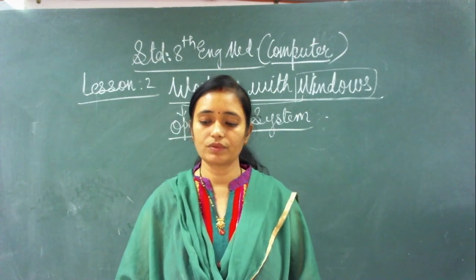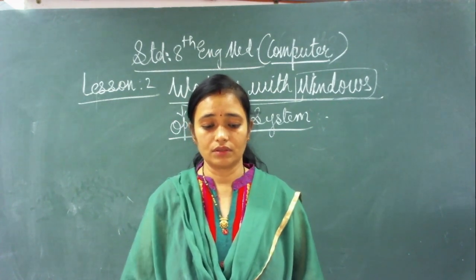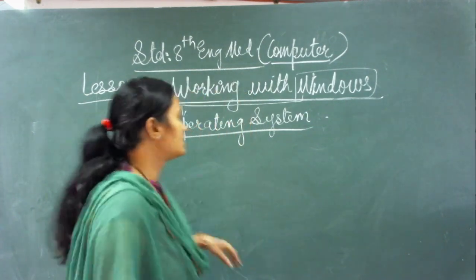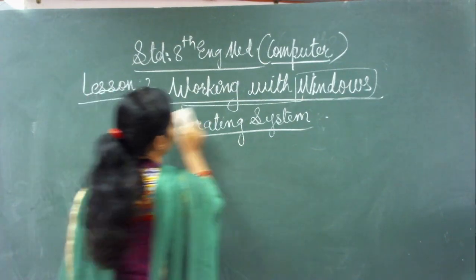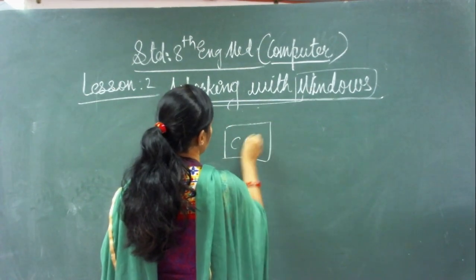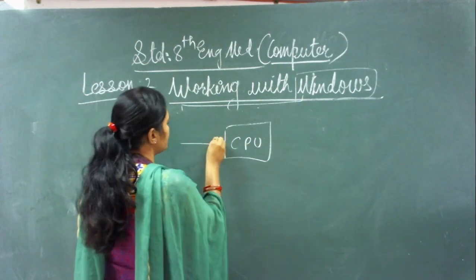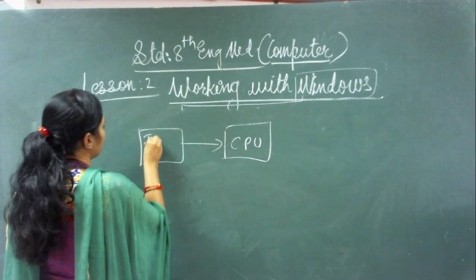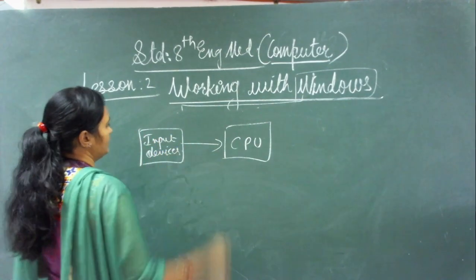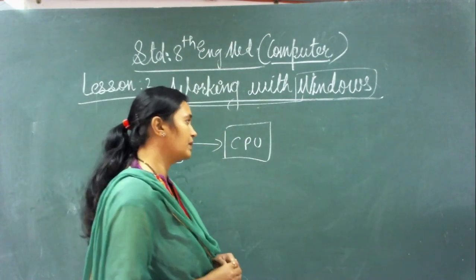Now how does the CPU work? It is given that on receiving data from the input devices, first of all what happens here? Here the CPU, when the CPU receives the data from the input devices, then the CPU sends those data to memory.